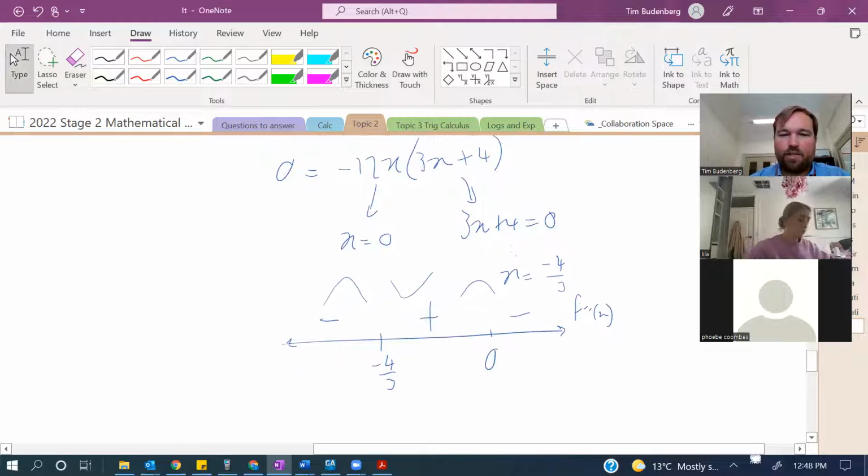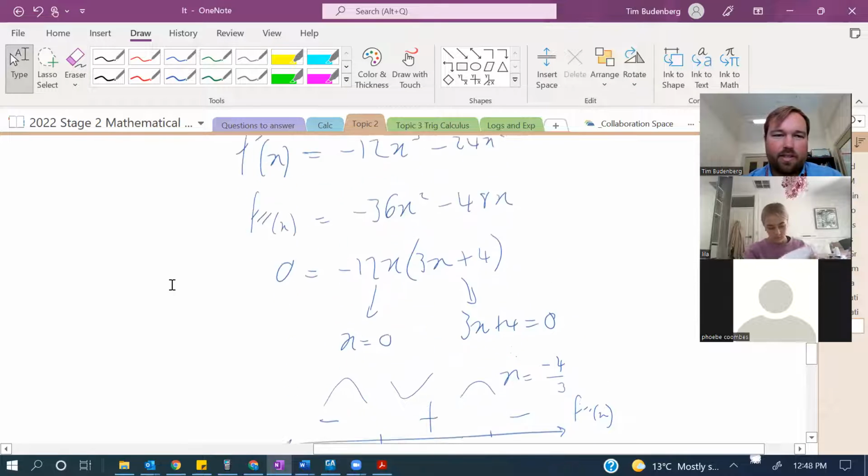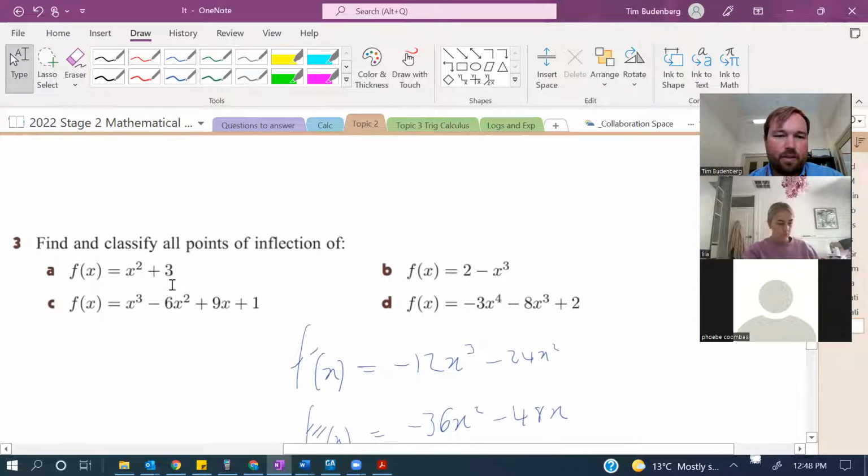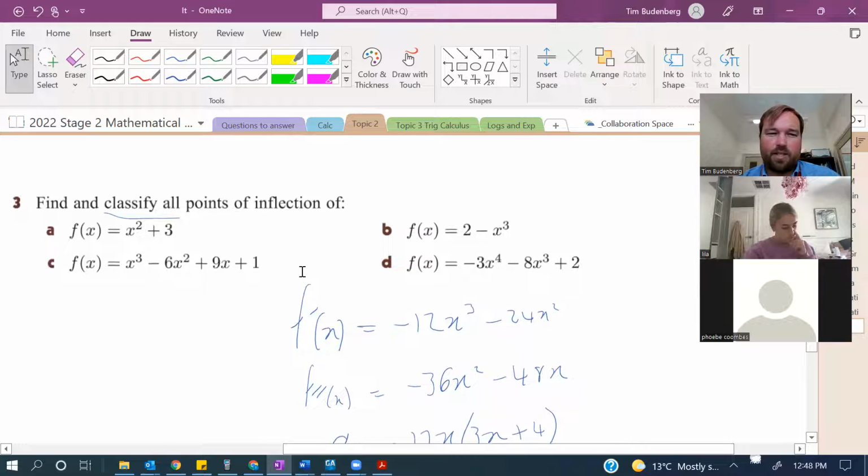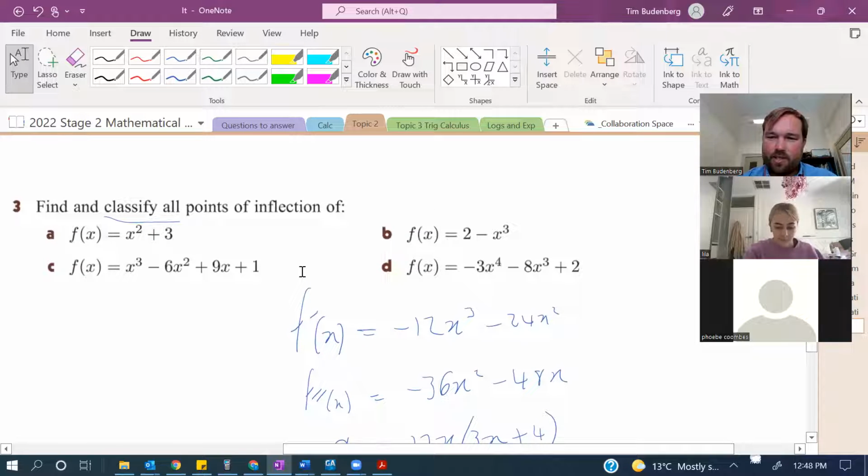And your two inflection points are at x equals 0 and -4 on 3. I guess we want to double check whether they're going to be stationary points of inflection or non-stationary points. Do you know the difference between stationary or non-stationary? I was just trying to find it in my book now.